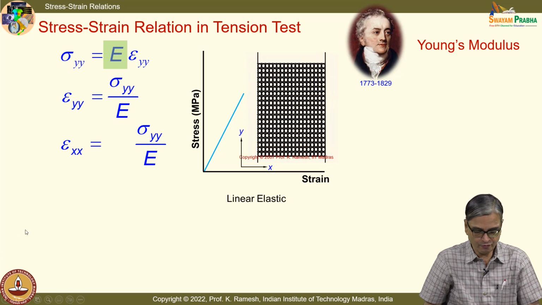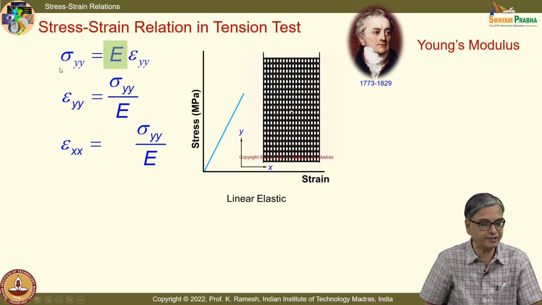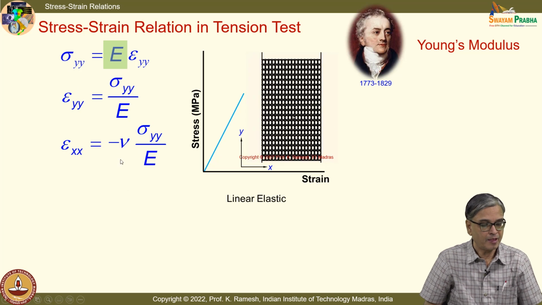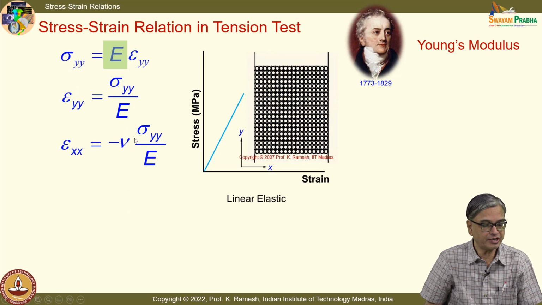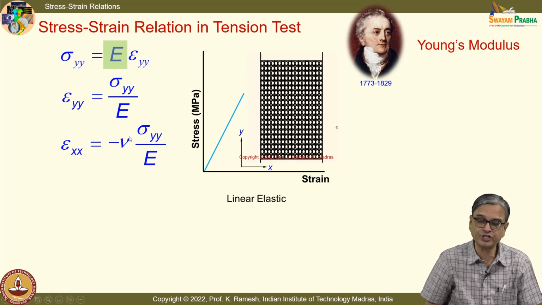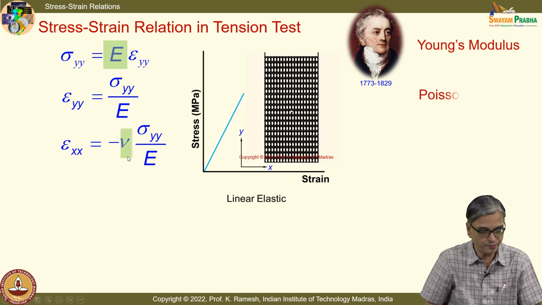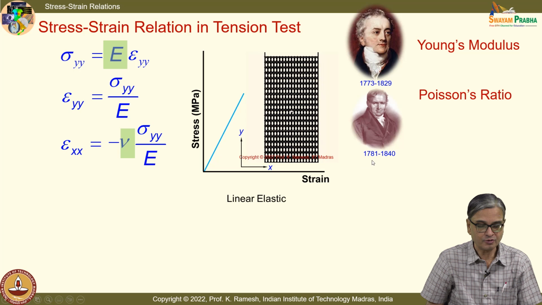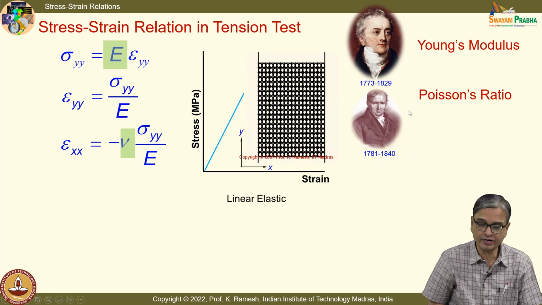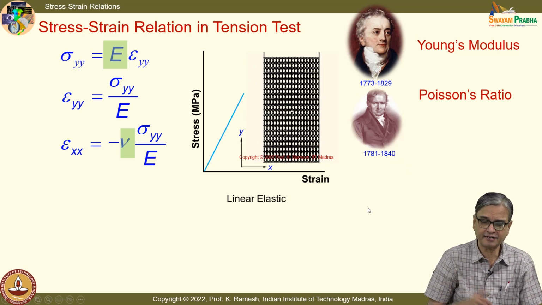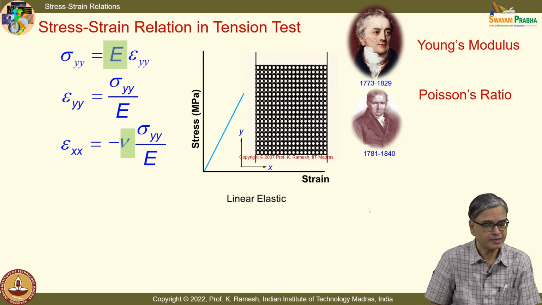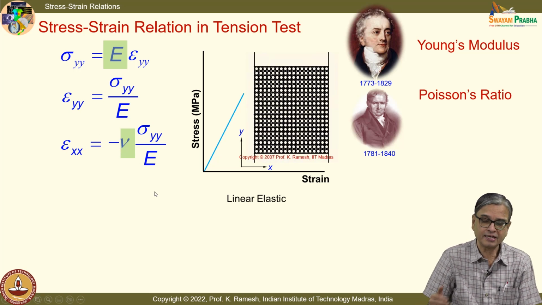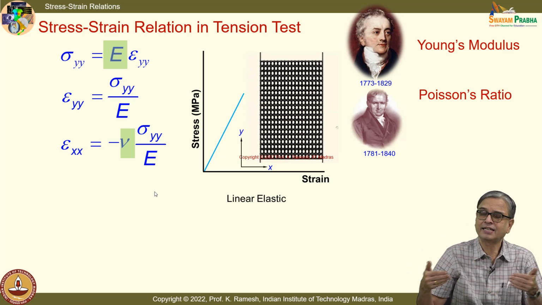So people have found that the epsilon xx is related to the strain in the y direction by a coefficient, what you have as a Poisson's ratio, which is given a symbol mu. This is credited to Poisson. He lived between 1781 to 1840. He also taught at the École Polytechnique. And you have a minus sign mainly because, when you stretch it, the other strains contract.